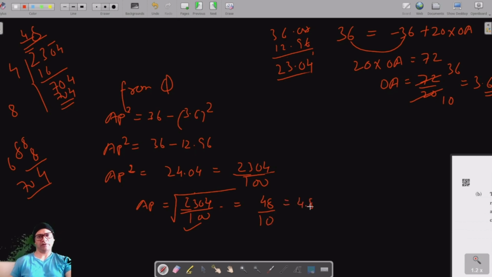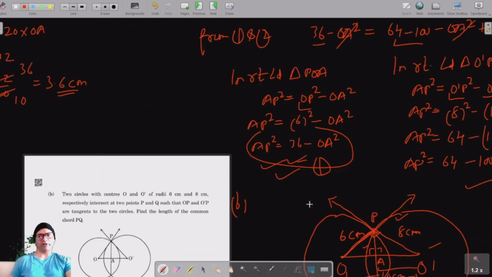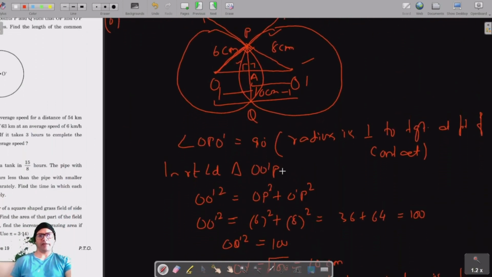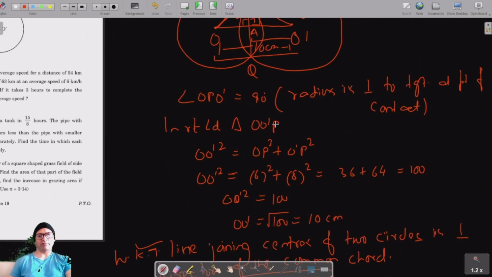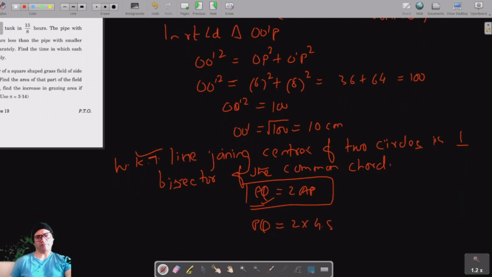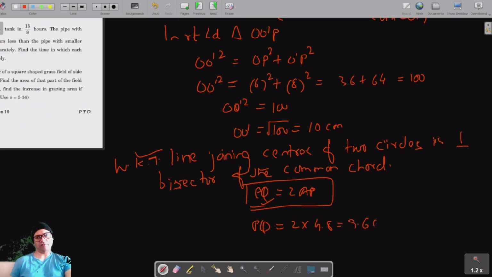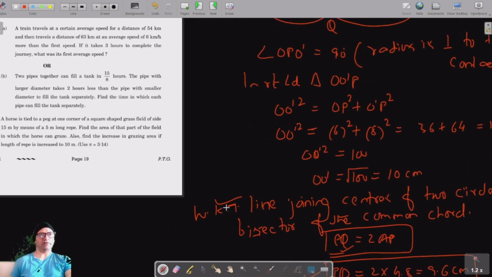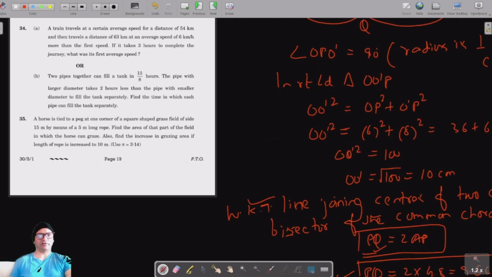So this is 4.8. So AP is 4.8. So we have got the length of AP, and PQ is now 2 into 4.8, which is equal to 9.6 centimeter. So the length of the common chord is 9.6 centimeter.